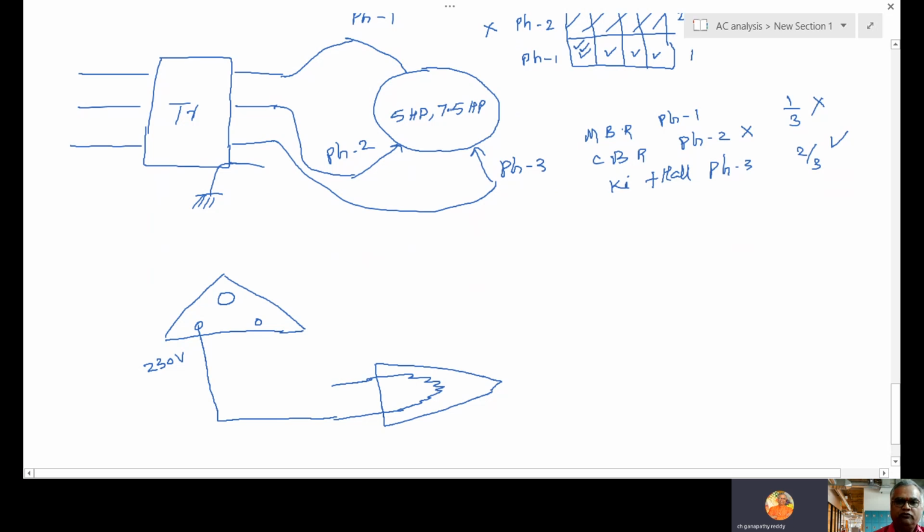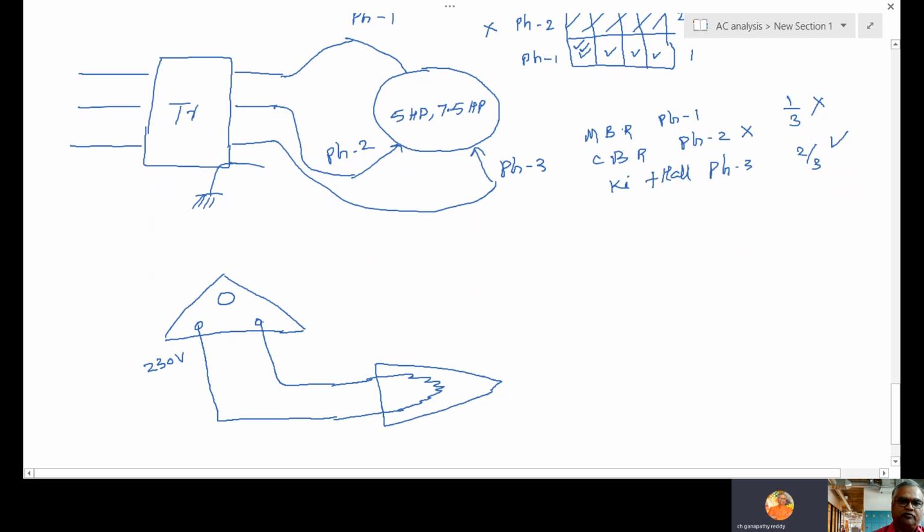230 volts is the phase voltage. Line voltage means the voltage between two lines. Voltage in a line with respect to ground is the phase voltage. Our Indian standard is 230 volts RMS phase voltage. If this is phase, this is neutral, and this wire is connected here.